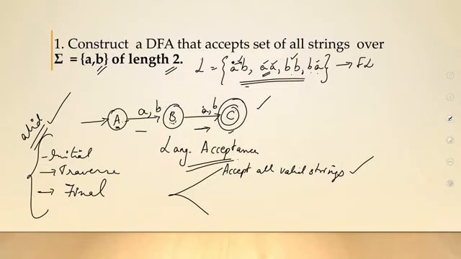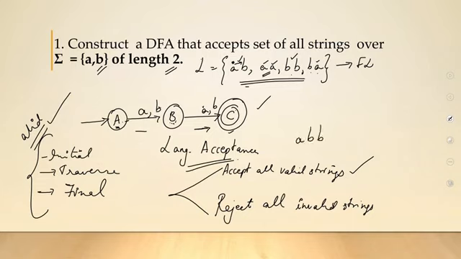Together with that, for a language to be accepted by an automaton, you should be doing one more thing: rejecting all invalid strings. Let's think about a string called ABB.